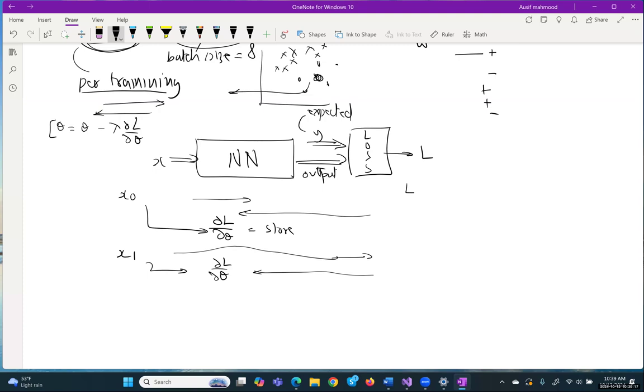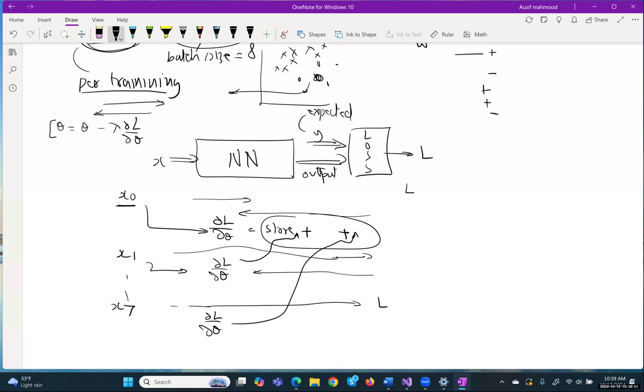Now we will add this to our previous partial L over partial theta, which corresponded to the first input. In the same way, we will feed in X7. Then again we'll compute the loss, and compute partial L over partial theta, meaning the derivative with respect to all the weights and biases. Then we add it to our total partial L over partial theta.